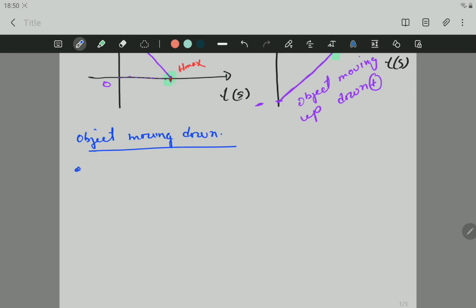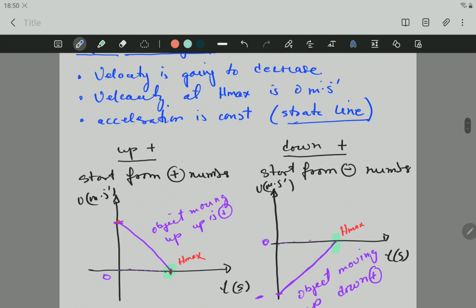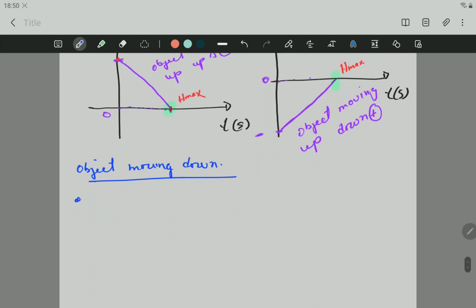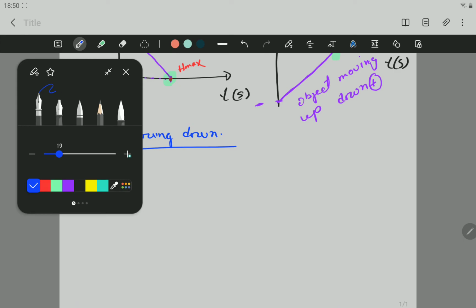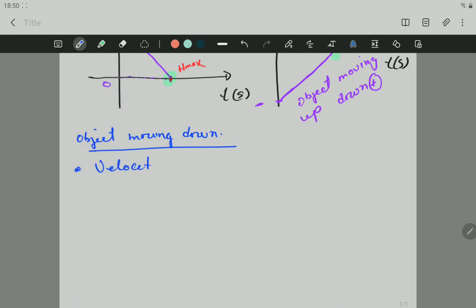So what we need to know, first of all, is that the velocity is going to increase. It means it will go from a smaller number to a bigger number. Okay?